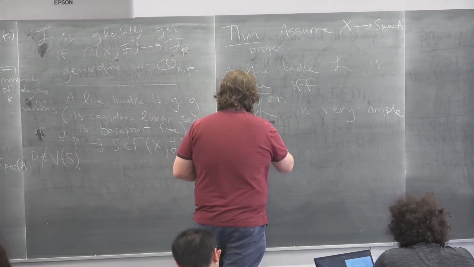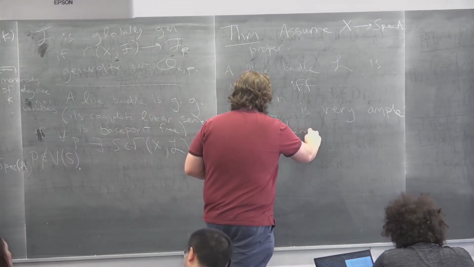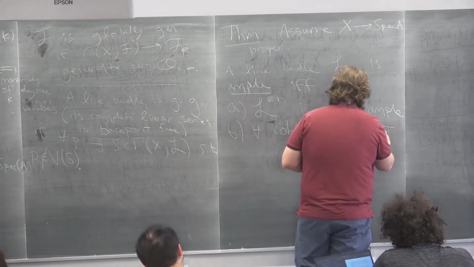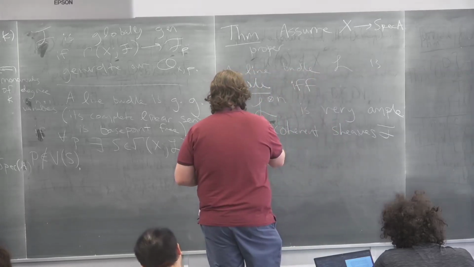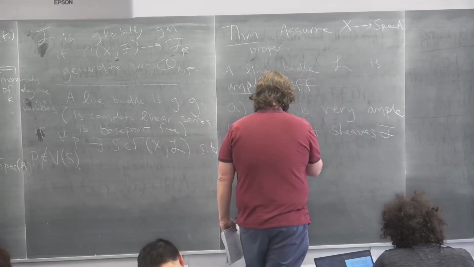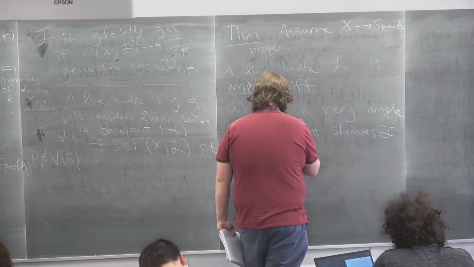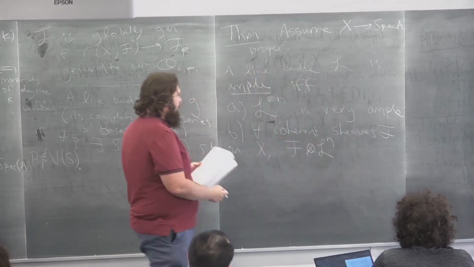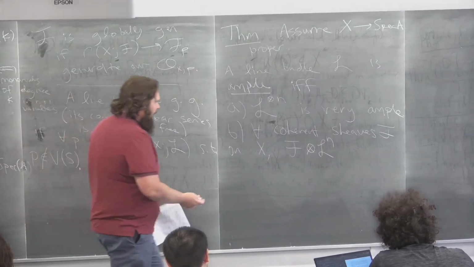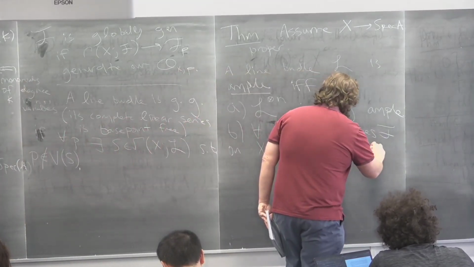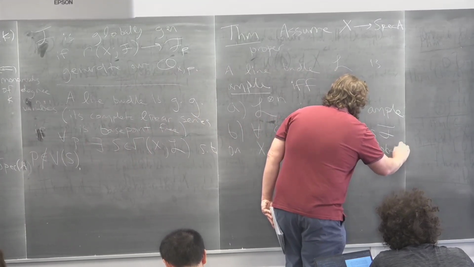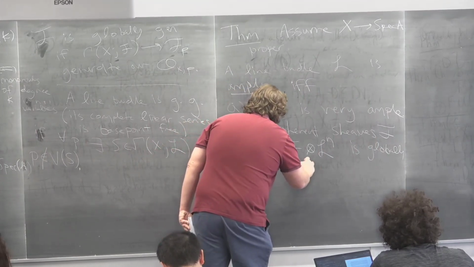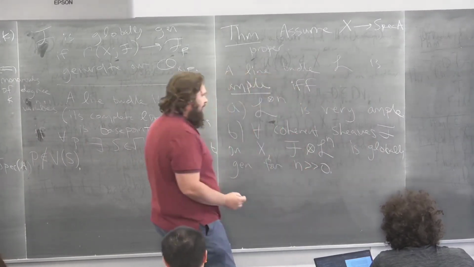D, for all coherent sheaves F on X, the tensor of F with a power of L is globally generated for n sufficiently large.